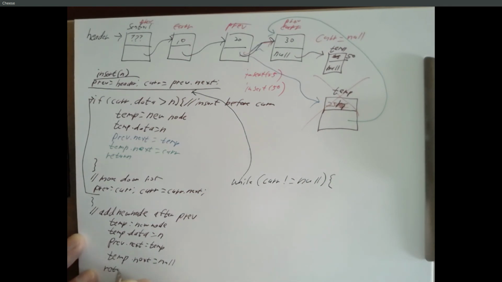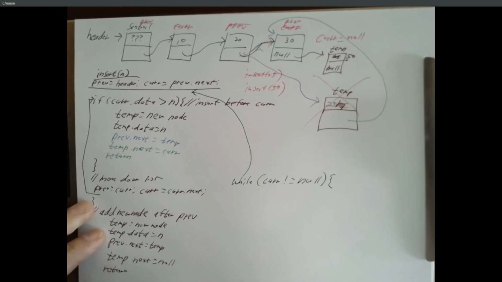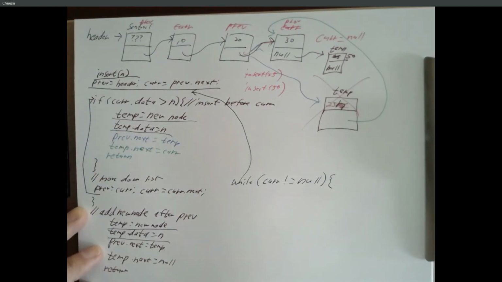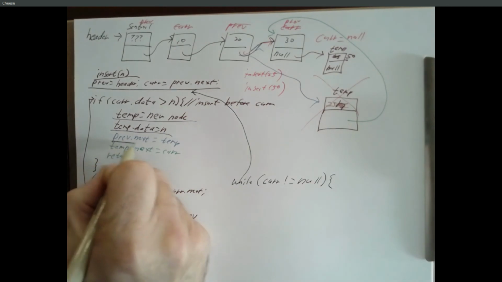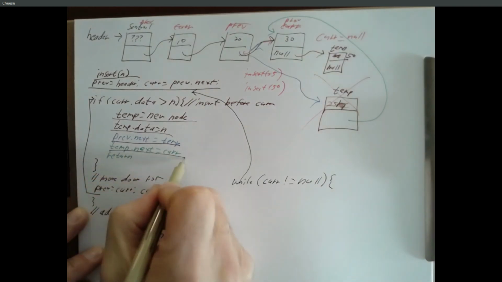And we can return. So temp equals new node, temp.data equals n, previous.next equals temp. Temp.next equals current.